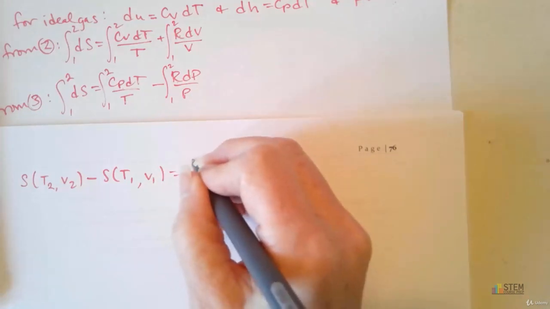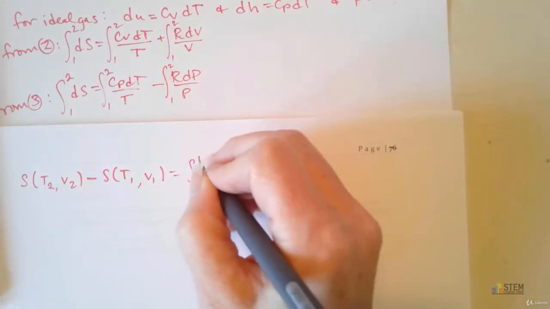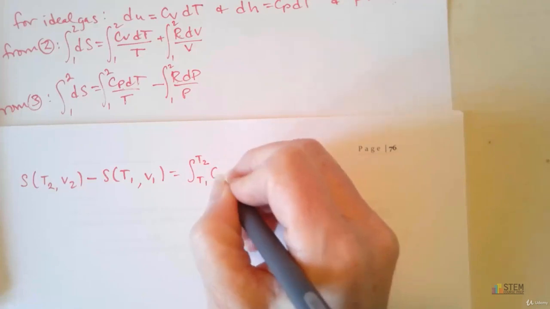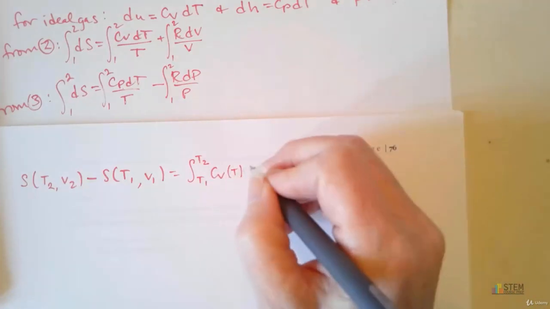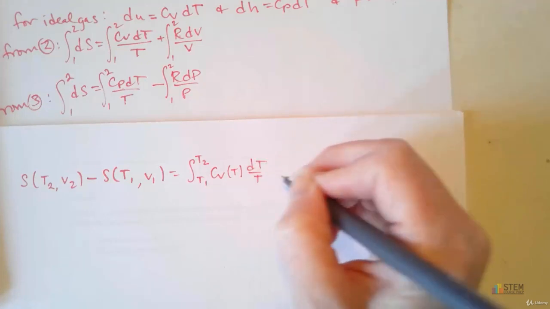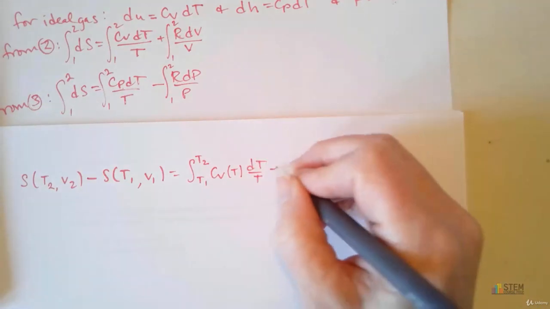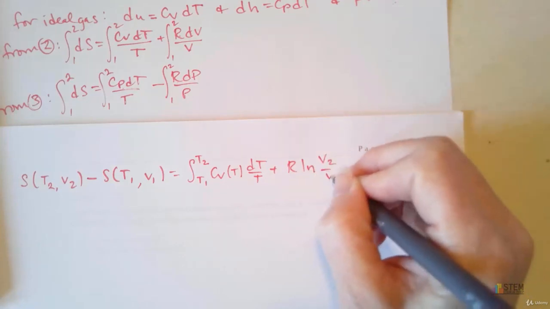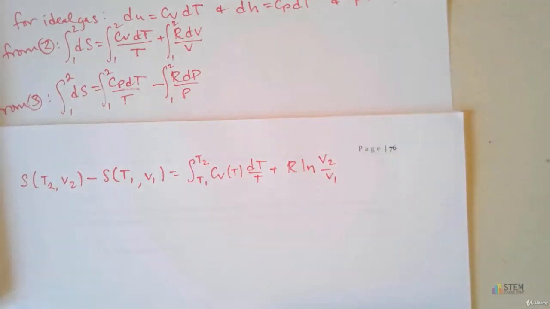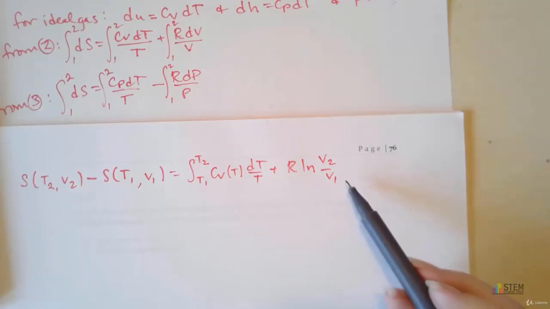That's going to equal the integral from T1 to T2 of CV, which again is a function of temperature, times dt over t plus R times the natural log of V2 over V1. Okay, so that's what we'll get for this.